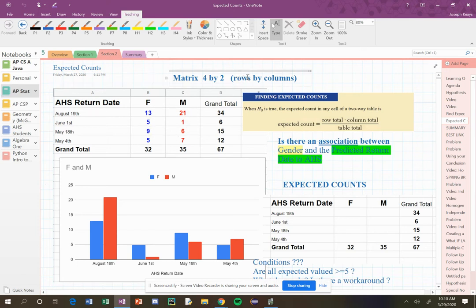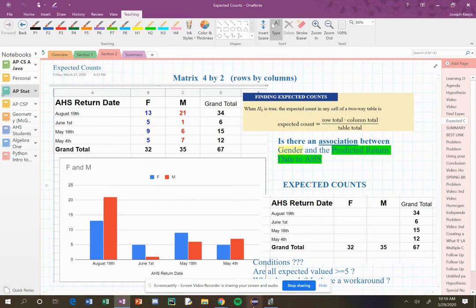Notice the row number goes first, which is 4, and then the column number. Some of you may be going, Mr. Keys, I see 5 rows and I see 3 columns. No, you have to really understand that we're not going to be putting in the grand totals. We're just going to be putting in the 8 observed amounts. So that is 4x2. That's a matrix size. Notice 2x4 is not the same thing as 4x2.